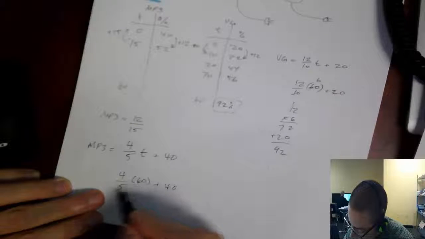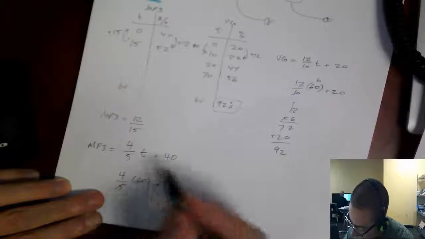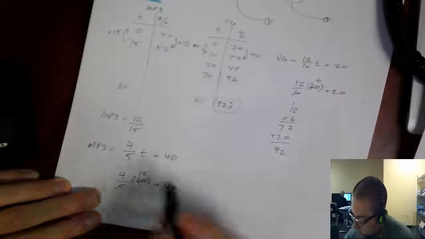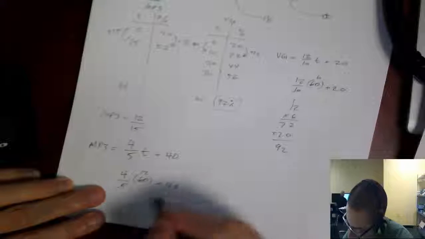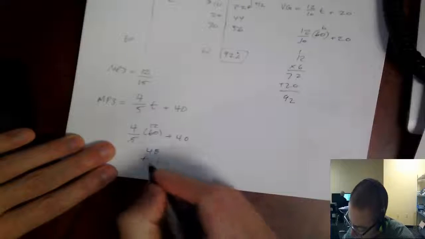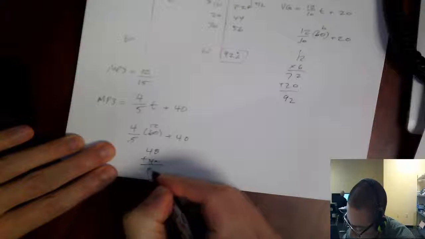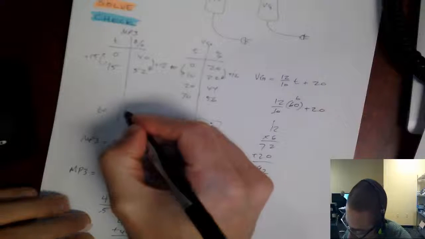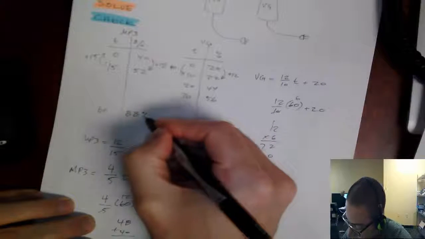Okay, 5 goes into 60 10 times with 2 more, so it's 12 times. So 4 times 12 is 48 plus 40 is 88. So at t equals 60, the MP3 player has charged to 88%.